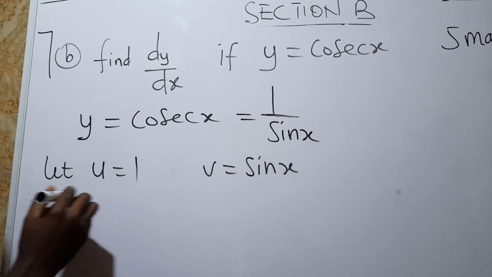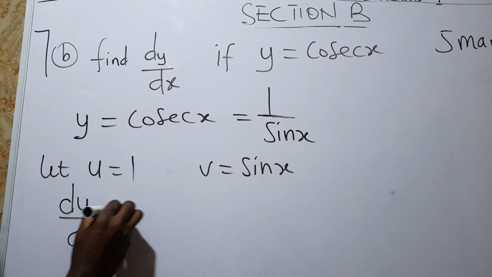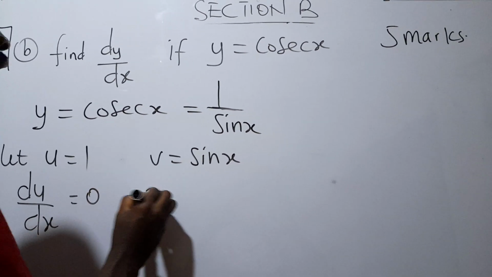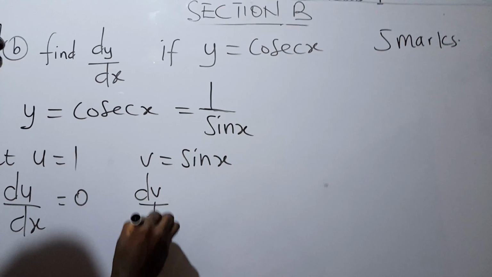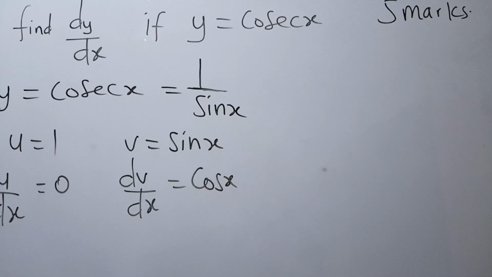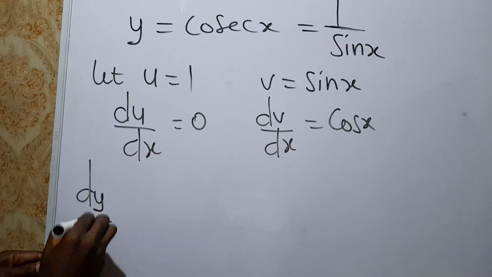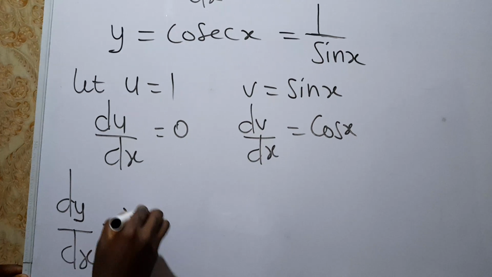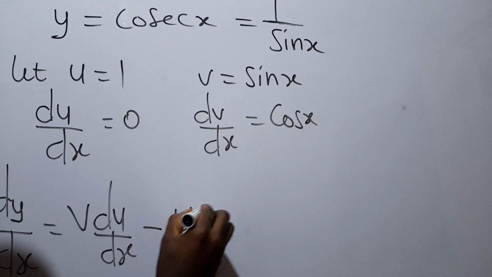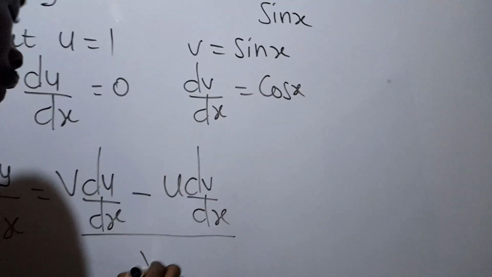So how do we solve this? We'll find du over dx. Du over dx will be 0. Remember the differentiation of constants. Now our dv over dx will be equal to cos x. Remember from the quotient rule, our dy over dx will be equal to v du over dx minus u dv over dx, all over v squared.